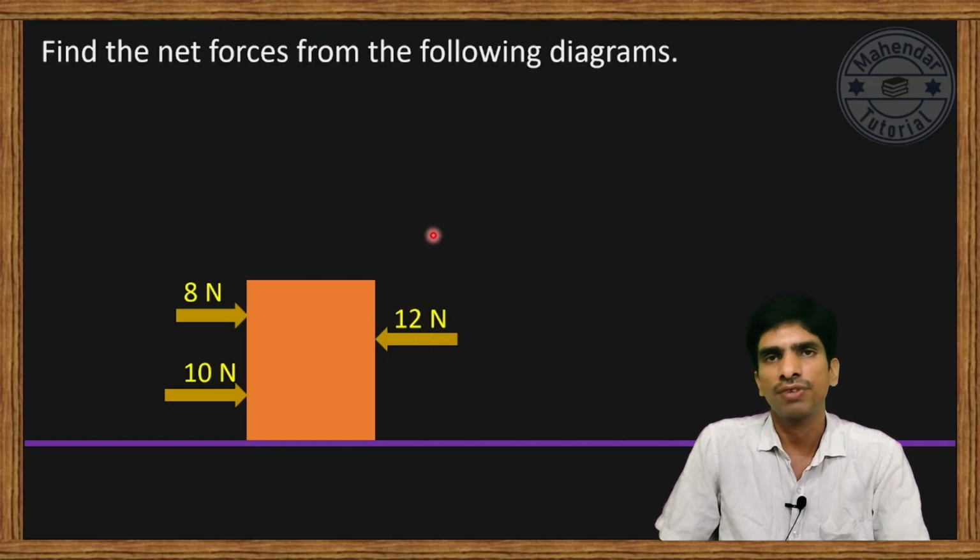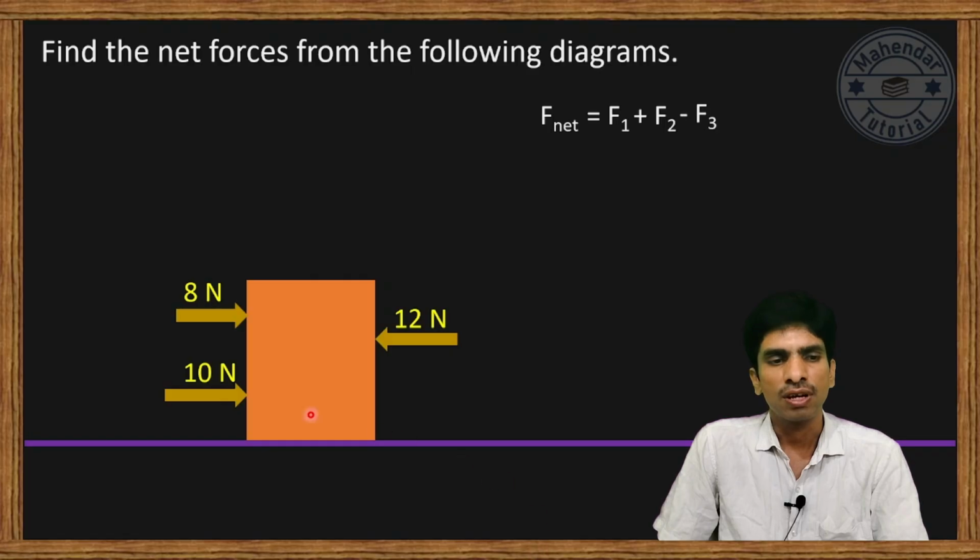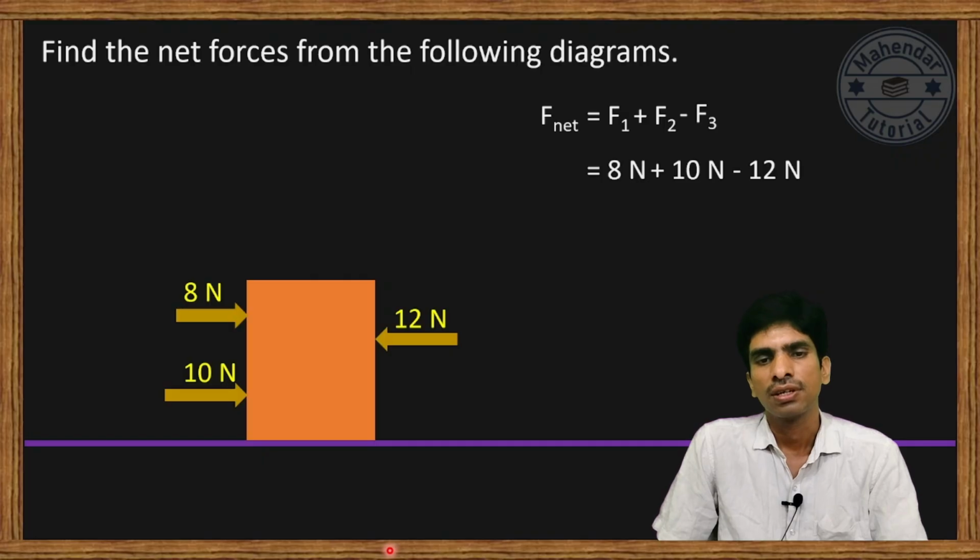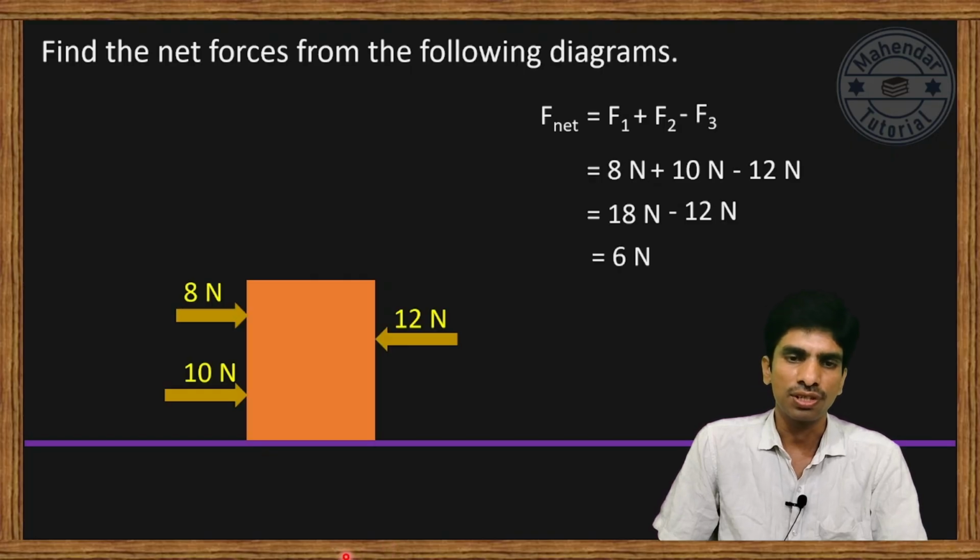So finally F net is equal to F1 plus F2 minus F3. F1 is 8 newtons, F2 is 10 newtons and F3 is 12 newtons. So it is 8 newtons plus 10 newtons minus 12 newtons. 8 plus 10 is 18 newtons minus 12 newtons, so that is equal to 6 newtons. 6 newtons is the F net finally acting on this object.